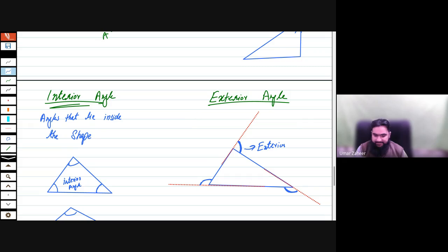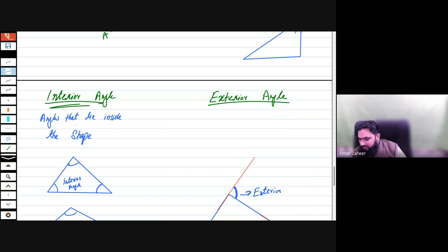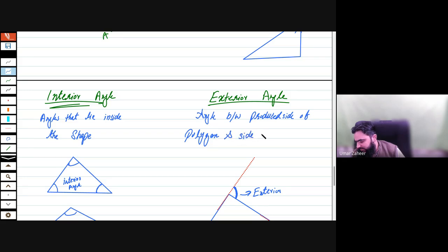So we can say, in rough wording, the angle between the produced side of a polygon and the adjacent side of the polygon is known as the exterior angle.